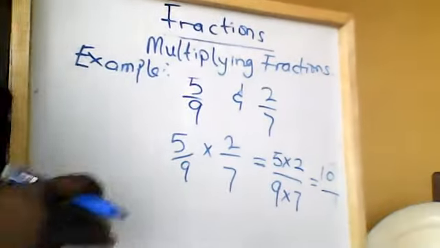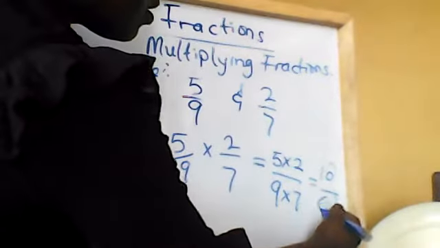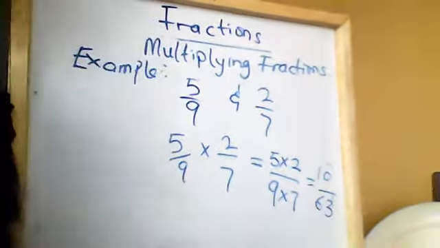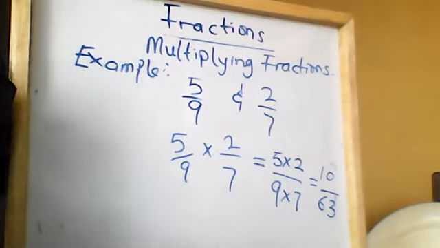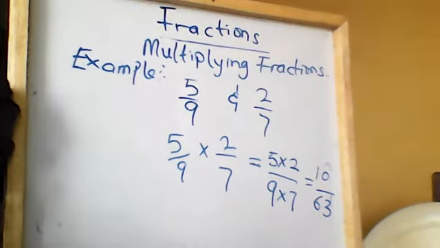And 9 times 7 is 63. And so the answer to this is 10 over 63. So I hope we understand this.